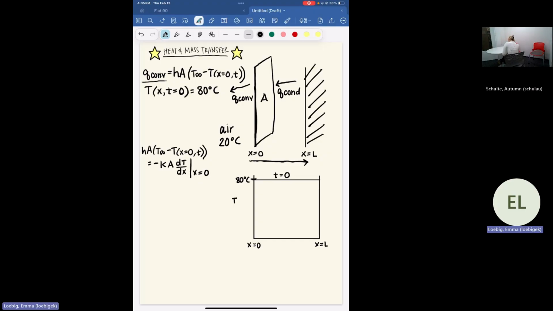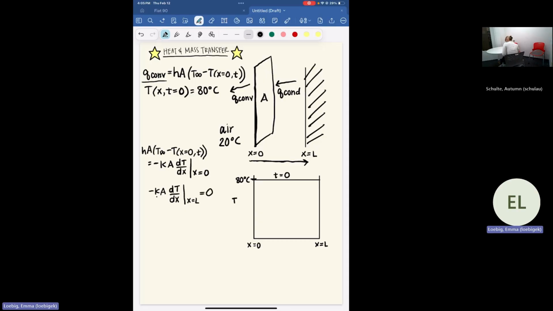Now, what can we say at position x is equal to L, where there is perfect insulation? We know that no heat transfer can occur. Therefore, negative our thermal conductivity multiplied by our area multiplied by the change in temperature with respect to position evaluated at x is equal to L must be equal to 0.